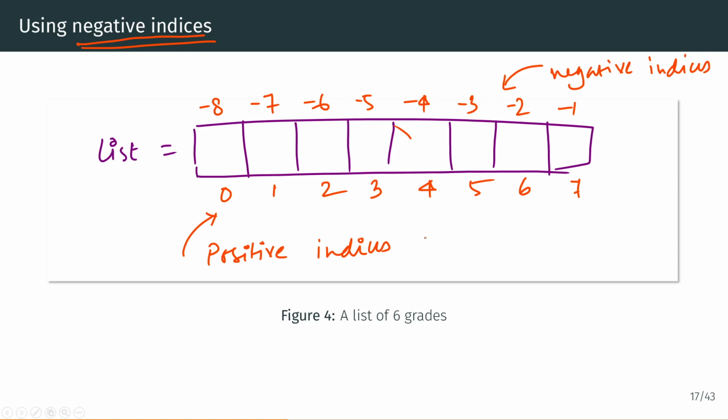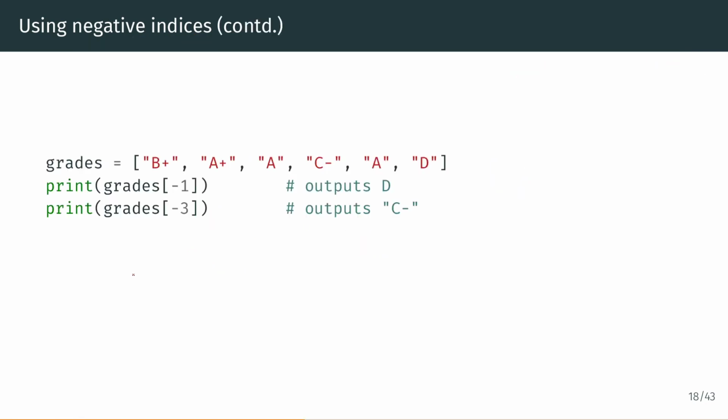Okay, so an example of this would be this. We have a list called grades, and the elements are B plus, A, C minus, A, and D, right? As we have seen, the negative indices start from the last one, and it always starts from -1.